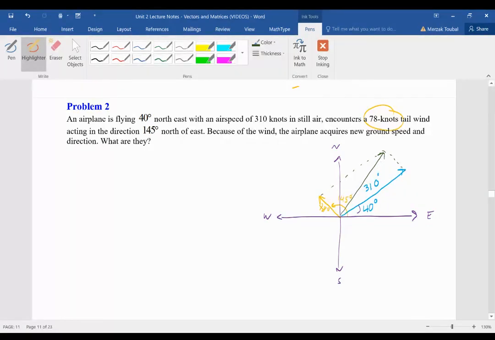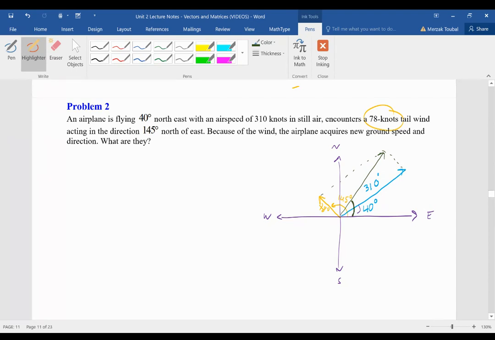And the magnitude, we're going to have to find. But this is the new direction. It's between 40 degrees and 90 degrees, somewhere in between, maybe 55, something like that. It will be this angle. I just don't want to put too many things in there. That's the new direction, and then the magnitude, we have to find it.